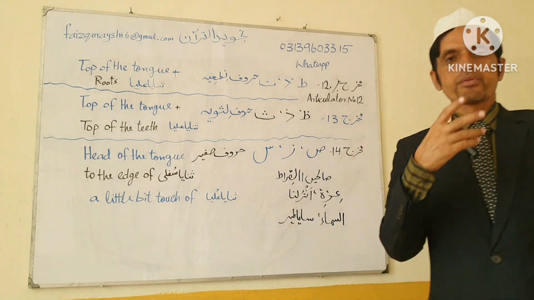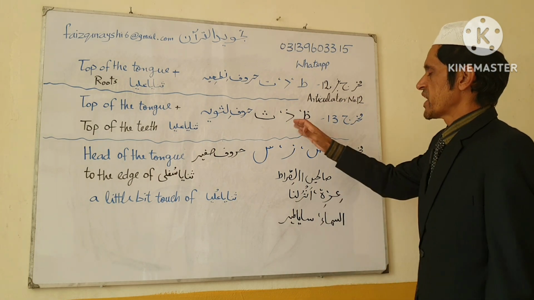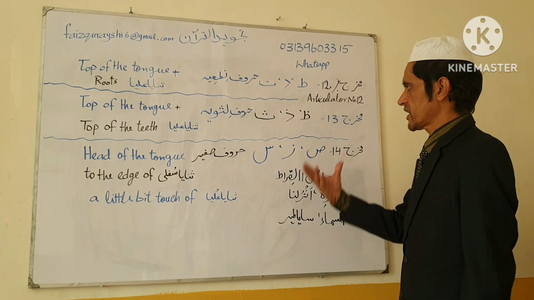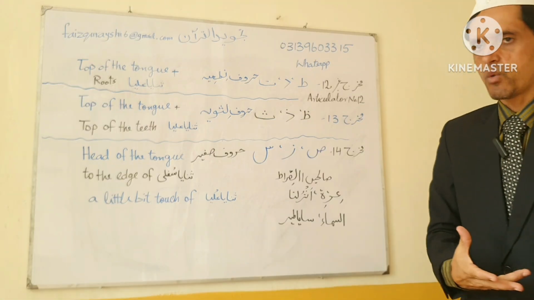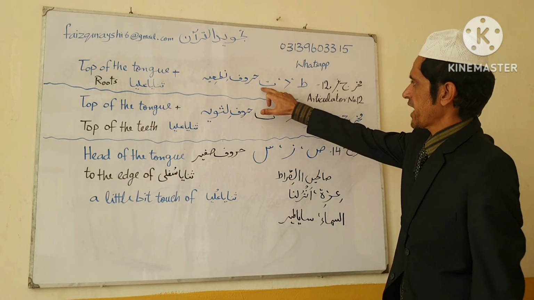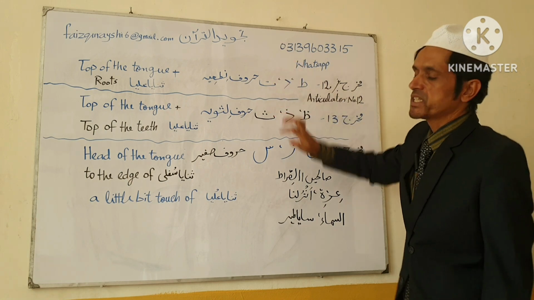Now you see the shape is the same, but here are two dots, and here are three dots.